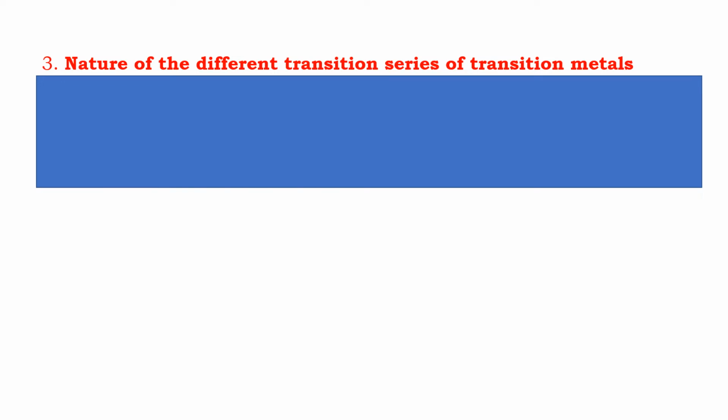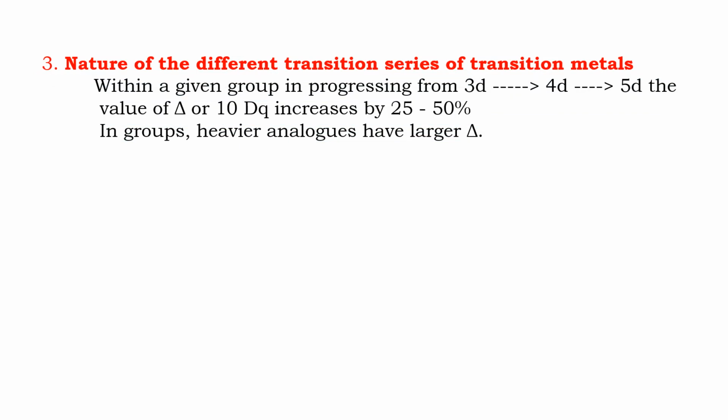When we move from the 3d series to the 4d series to the 5d series in the same group, that means from top to bottom, the 10Dq value increases. That means the 10Dq value for the 5d series is greater than the 4d series, and the 4d series is greater than the 3d series. So the third factor is the increase in transition series from 3d to 4d to 5d.